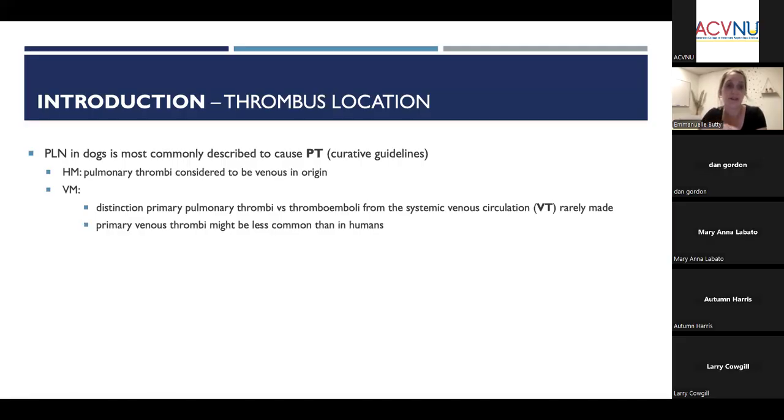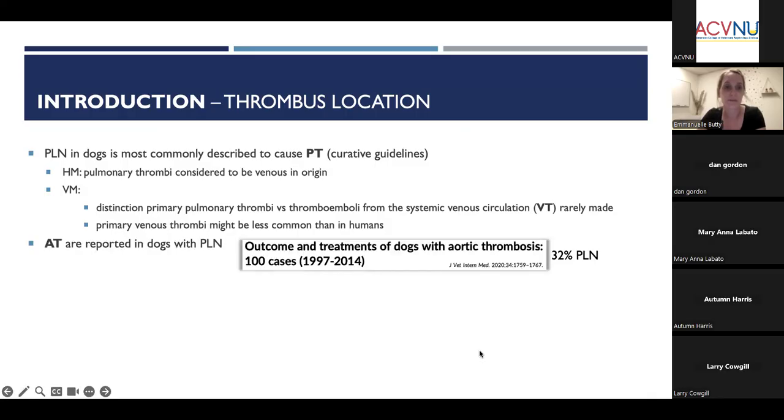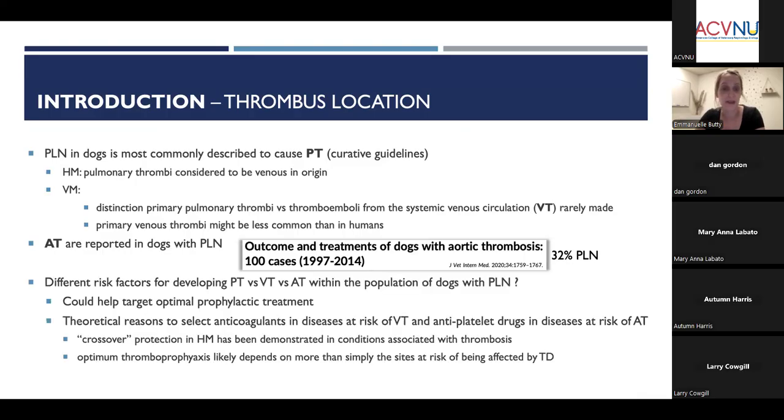But it is thought that primary venous thrombi are less common than in humans. And we also have reports that aortic thrombi are definitely a thing in dogs with PLN. We have this study from 2020 that showed that of all the aortic thromboses they described, 32% were PLN patients. So definitely a high risk population here.